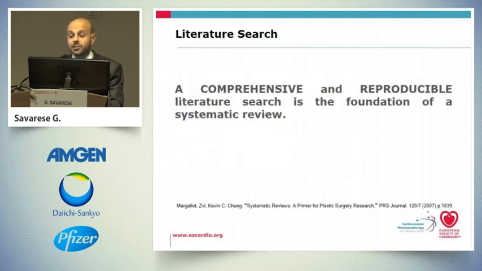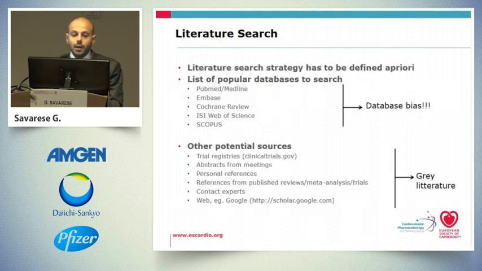The literature search seems to be the easiest thing to do, but actually it's the most important and the most difficult, because the literature search has to be comprehensive and reproducible. And this is the real foundation of a systematic review. So if the literature search is failing, it means that the whole study will be of really bad quality.